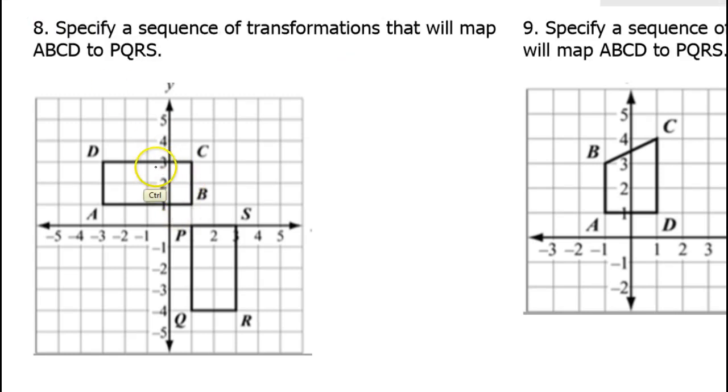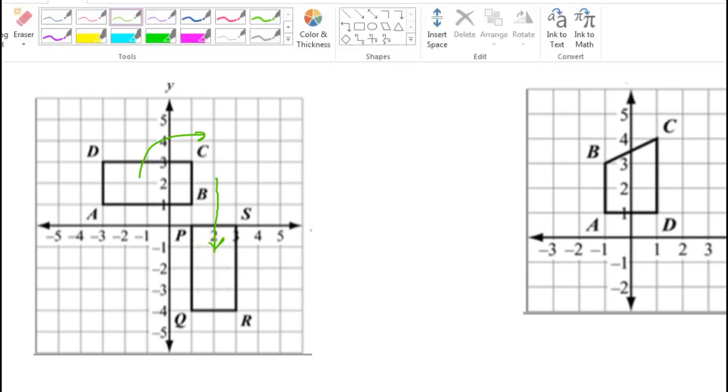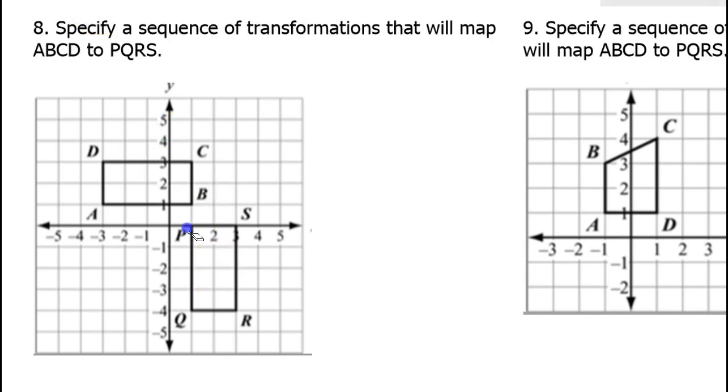I'm imagining first doing a rotation that will get this rectangle turned from being horizontal to vertical. And then once it's vertical, then I can do a translation and shift it down onto the other rectangle. So I'm going to do this in 2 transformations.